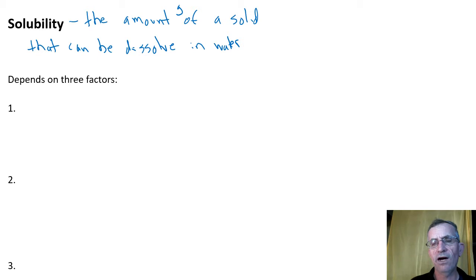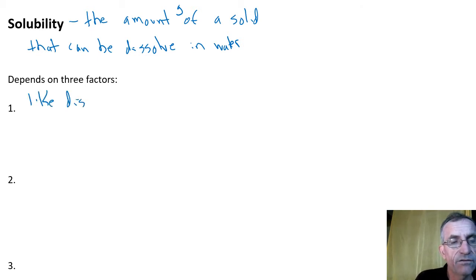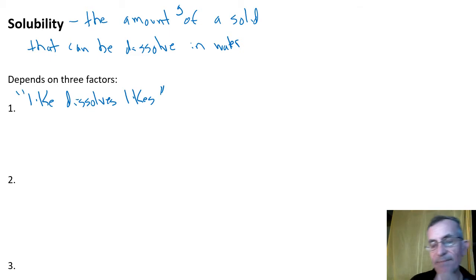Now, it's not the same for everything, so what does it depend on? Well, one thing it depends on is the idea that like dissolves like. What do I mean by that?